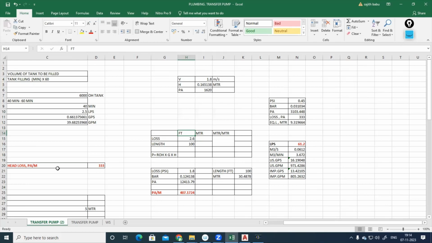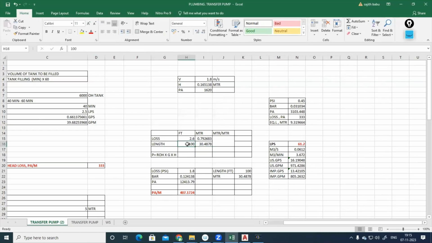So I have to convert feet into meters. 1 meter is equal to 3.28 feet, as we discussed in the basics. So this value divided by 3.28 converts it into meters.